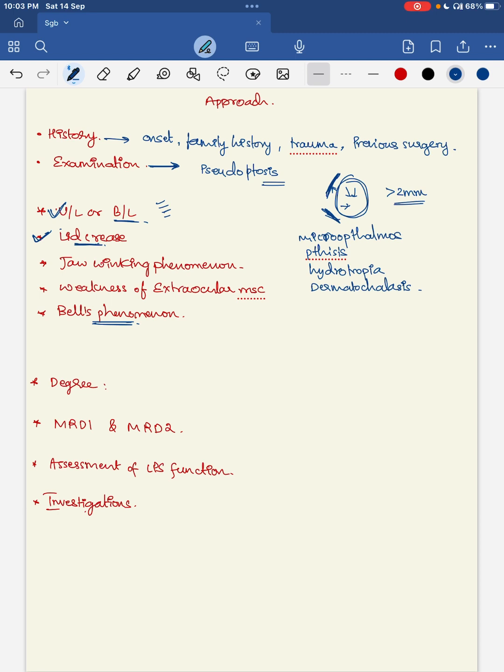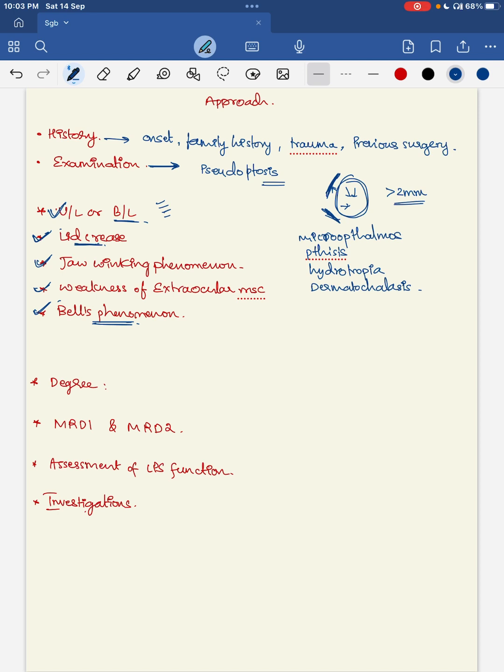Jaw winking phenomenon, where the opening of the jaw will correct the ptosis, again is congenital synkinesis ptosis we have read. Any other weakness of extraocular muscles, if present, would tell us that all the muscles are involved, so it may be a dystrophy, dystrophia myotonica, or ocular dystrophies. So all the etiologies behind this should be ruled out.